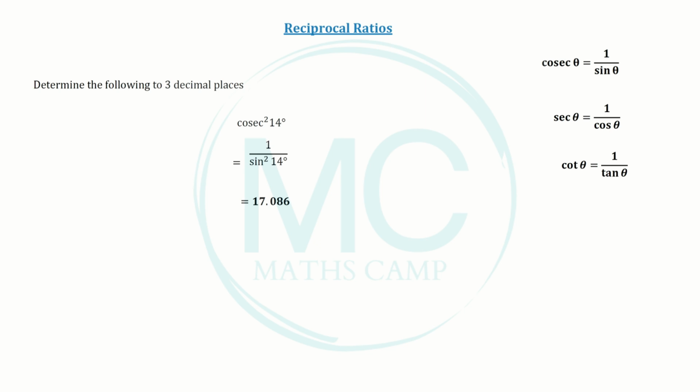Let's do another one. 3 sec squared 63,7 degrees. Now, when you are finding a reciprocal, we only flip the trigonometric ratio, but not the coefficient. In this case, 3 is our coefficient. So let's write down 3. Now we're going to open a bracket, and now we can flip our ratio.